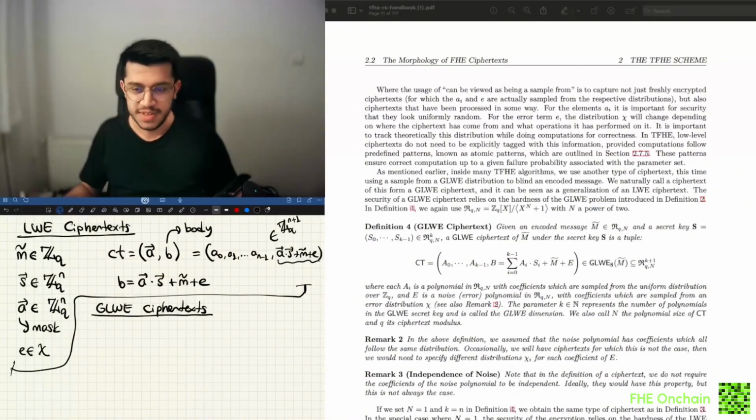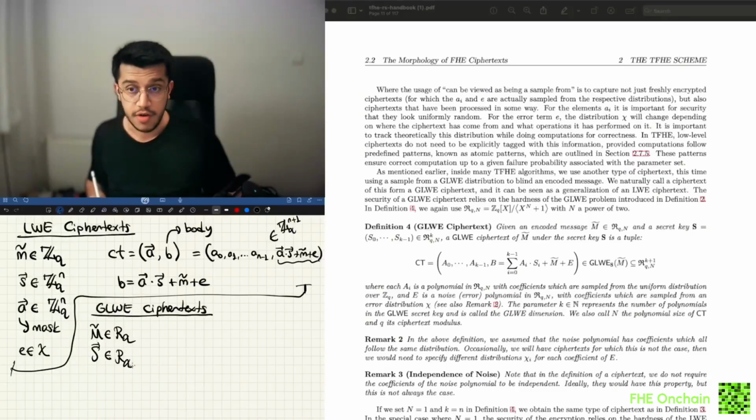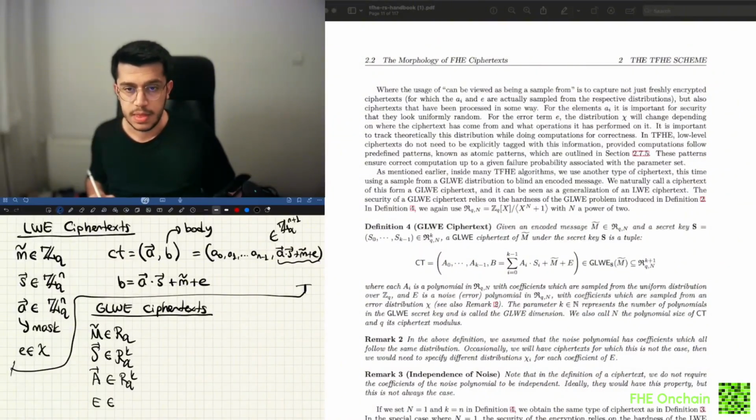So we have an encoded message M tilde again, but this time it is a polynomial. We have the randomly sampled secret key, this time a vector of polynomials from RQ^K. We have a random mask from RQ^K, and we have the noise from RQ, but obviously it's from a distribution.